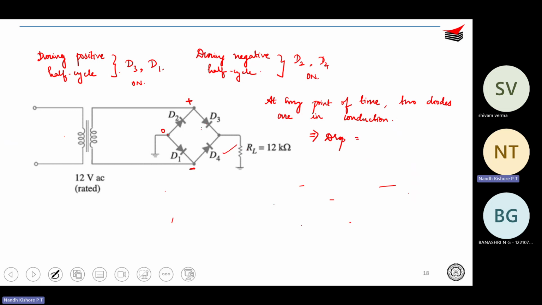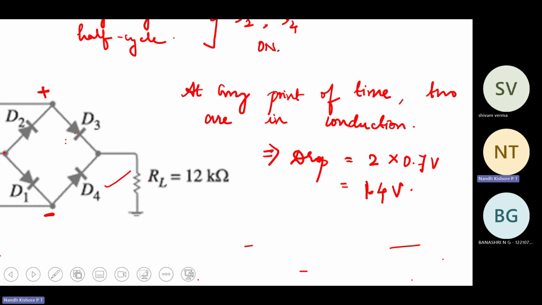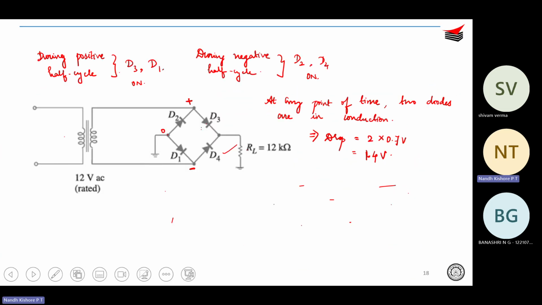Which means the voltage drop would be how much? At any point of time, the voltage drop through the diode bridge rectifier is going to be 2 into 0.7 volts. Each diode has a 0.7 volt drop. So the voltage drop would be 2 into 0.7 volts, which is 1.4 volts at any point of time. Did you understand this?